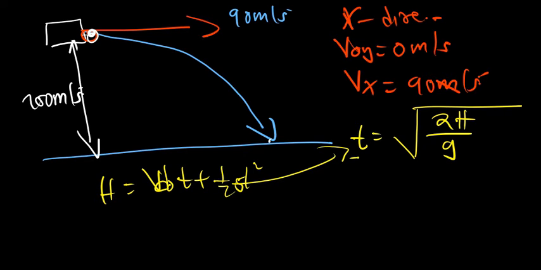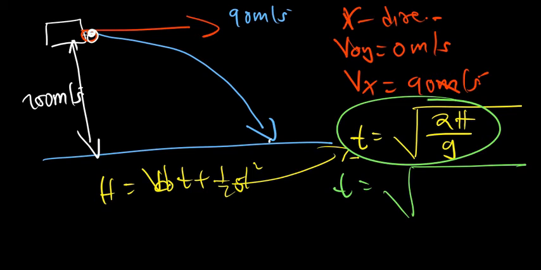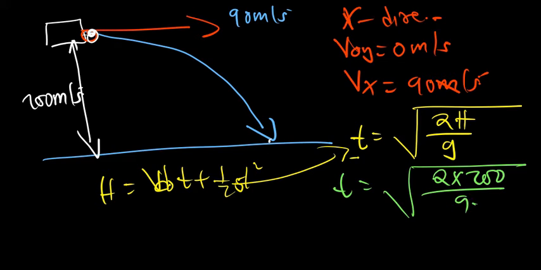You want to find the time. t will be equal to the root of 2h over g, but this formula they don't give. Let me not lie to you, you just need to know it. So it is 2 times 200 divided by 9.8. From today onward, when you are learning physics with me, you should always have a calculator nearby.